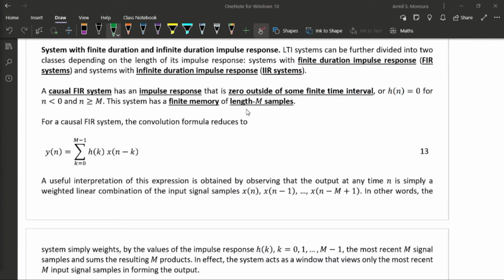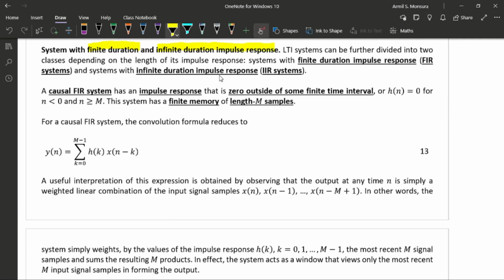Now, we have here new characteristics of your LTI system. Ito yung sinasabi ko sa inyo ng mga characteristics that are now really exclusive to LTI systems. Okay, so we characterize your system as either having a finite duration impulse response or infinite duration impulse response.